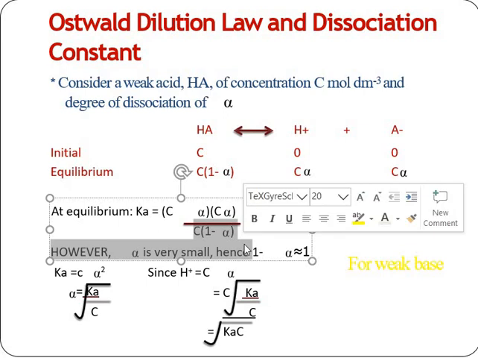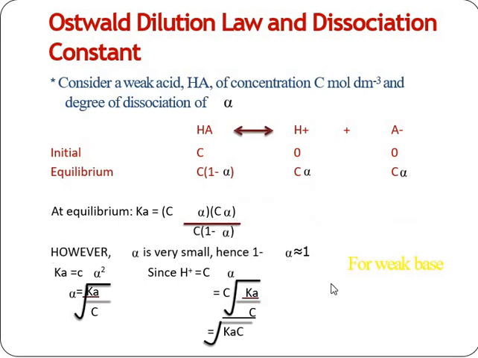But in this equation, alpha is very small, hence 1 minus alpha is considered nearly equal to 1, and hence this equation becomes Ka is equal to C alpha squared.